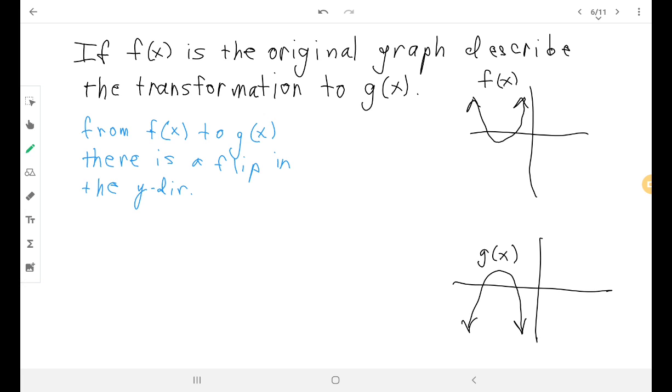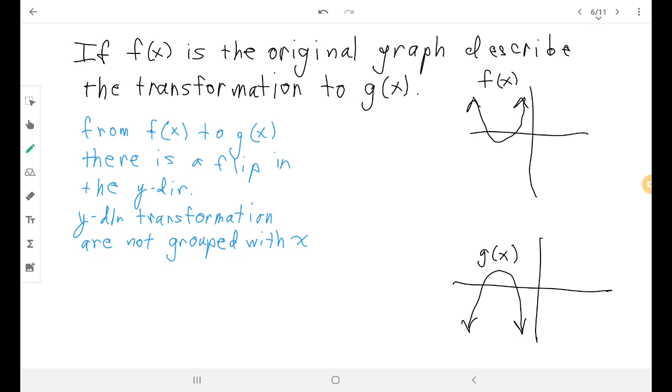Anything that goes on in the y direction, transformations are not grouped with x.